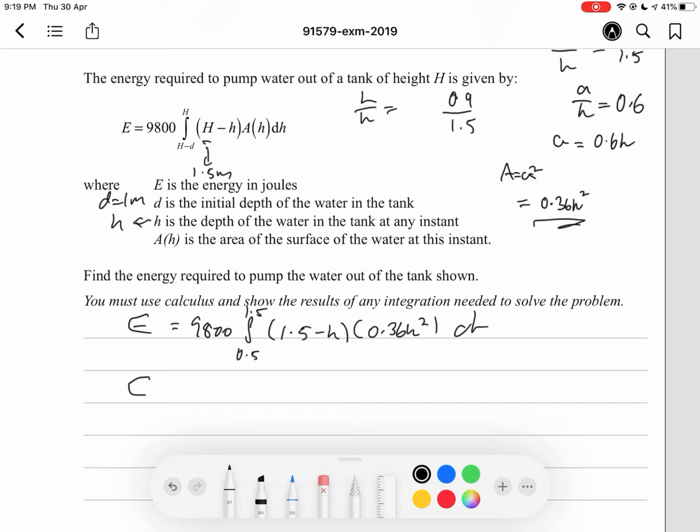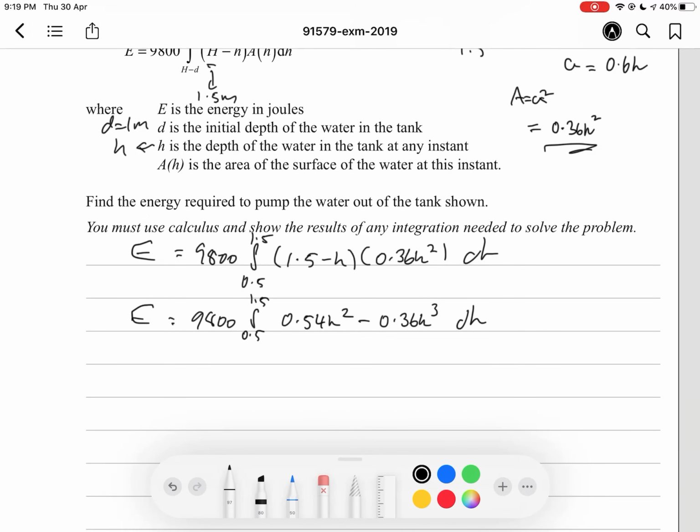Alright, so now we can expand our brackets. So 9,800, 1.5, 0.5. So 1.5 times 0.6, 0.36, right? So it becomes 0.54 H squared minus 0.36 H cubed dH. Right, so now we just need to apply the simple power rule here.